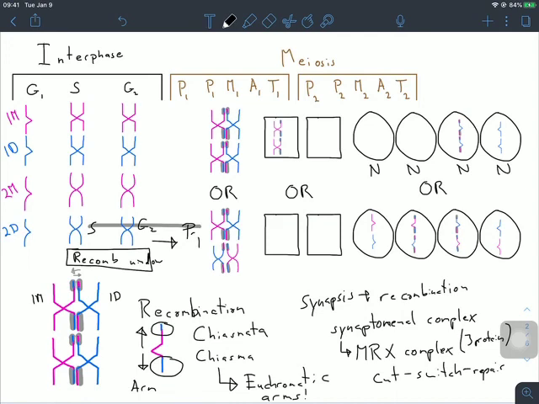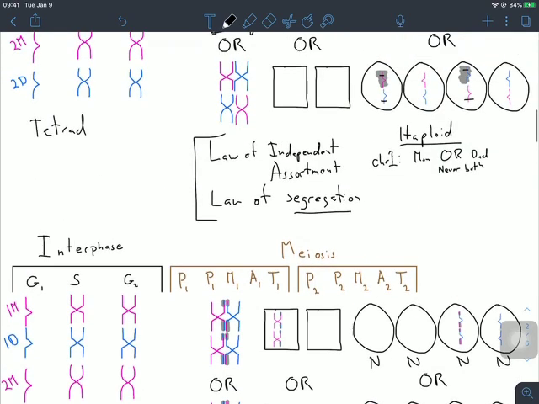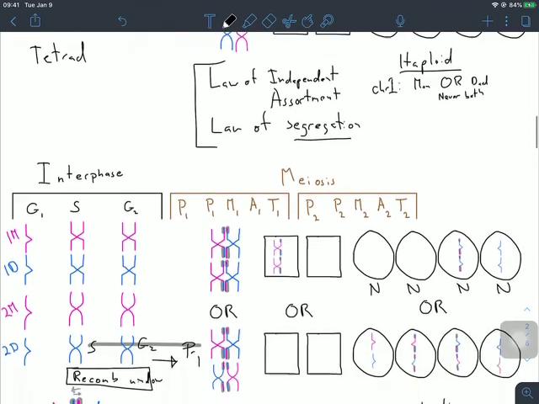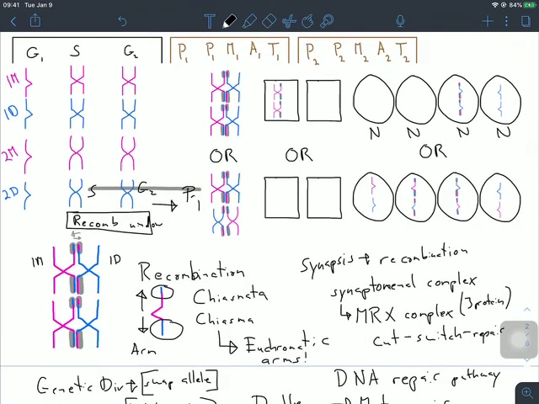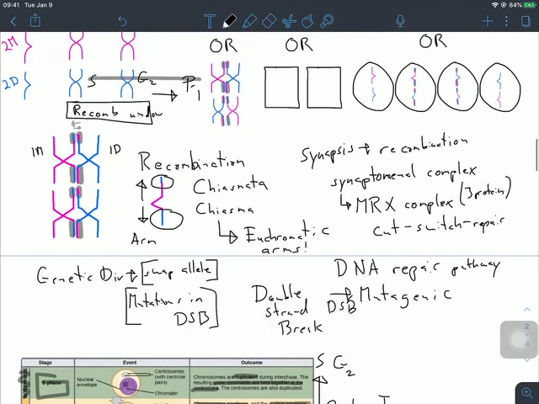It just changes how much you're drawing, but not these fundamental processes of the law of independent assortment and the law of segregation, nor these processes of forming chiasmata, forming those synaptonemal complexes in which you have the cut, switch, and repair proteins of the MRX complex that repair your double-strand breaks that are inherently mutagenic.